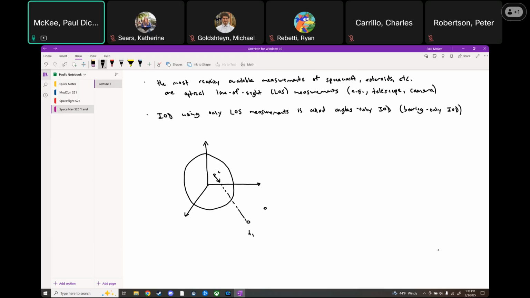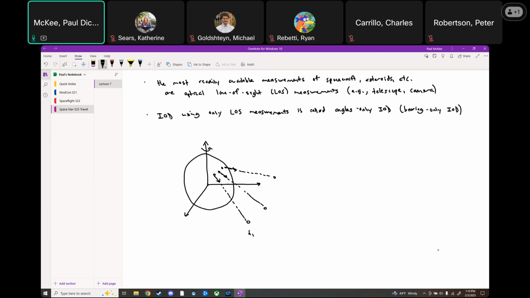But the ground station also moves, right? Because the Earth is rotating. So at some future time, it looks like this. And then at some still further time, the spacecraft is over here, and your ground station's over here. You've got ground station motion because of the Earth's rotation.